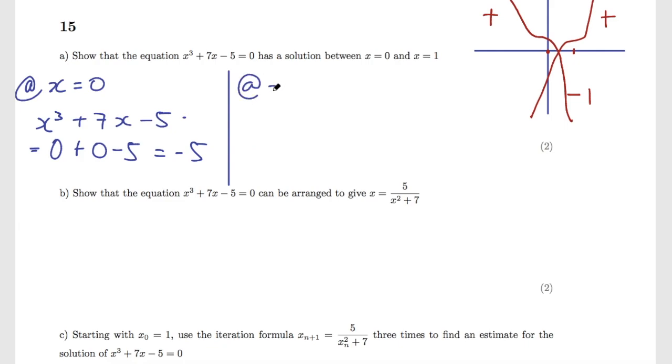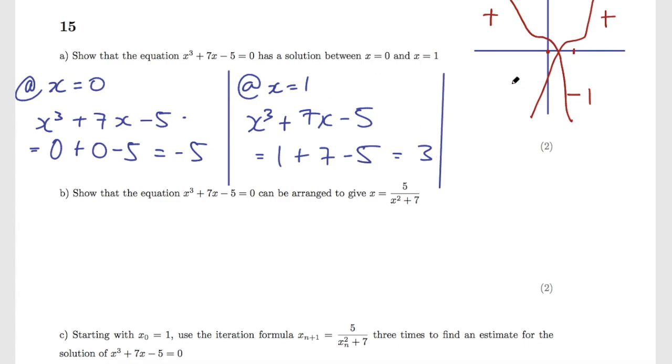At x equals 1, x cubed plus 7x minus 5 equals 1 plus 7 minus 5. That's going to be 8 minus 5, that will be 3. So you can see that the signs have changed. So in other words, the graph has crossed the x-axis at some point between these two values of x. So therefore we can say that yes, there is a solution.